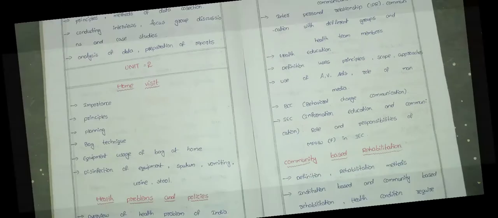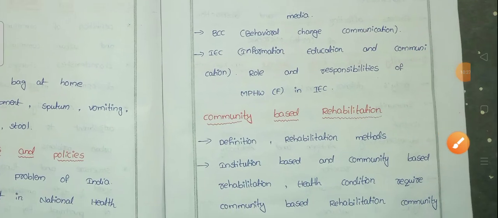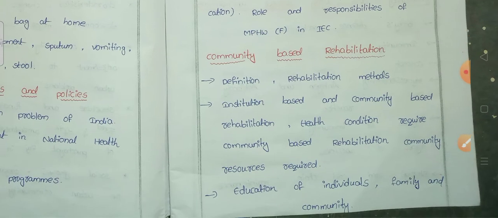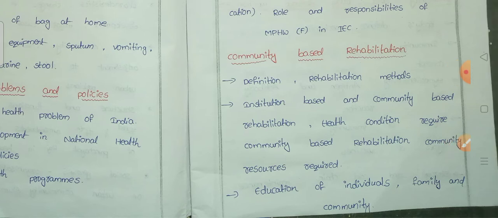Community-based assessment, in this definition, methods of rehabilitation, meaning or define rehabilitation, methods of rehabilitation. Okay, C2 is finished.